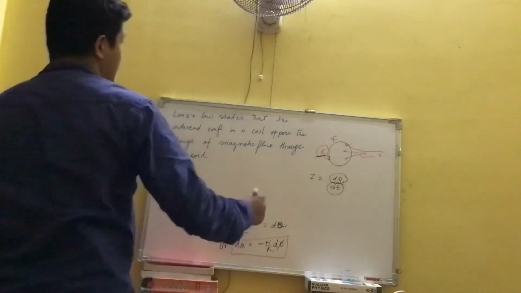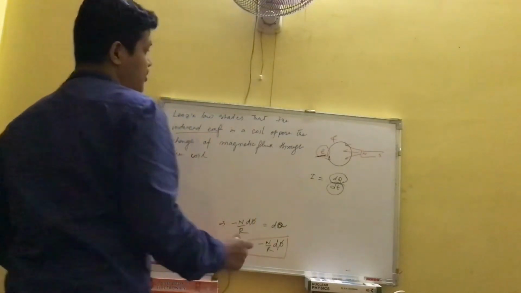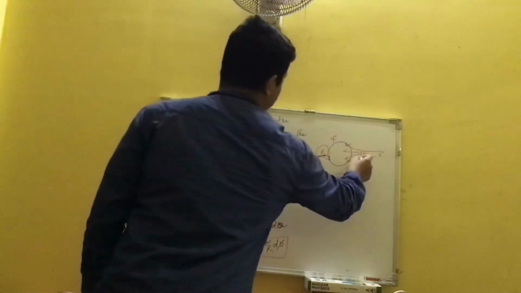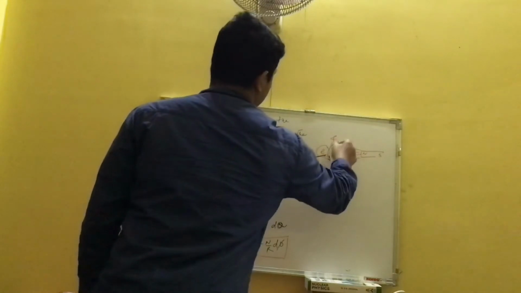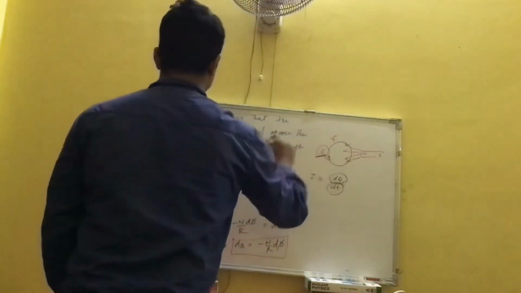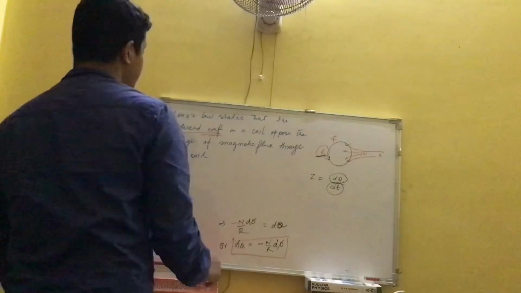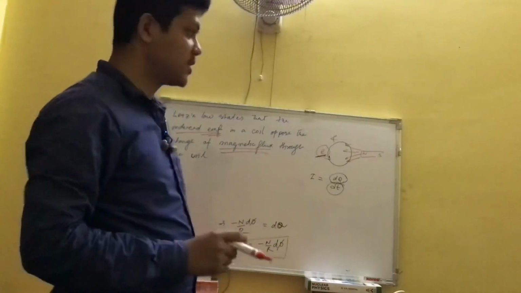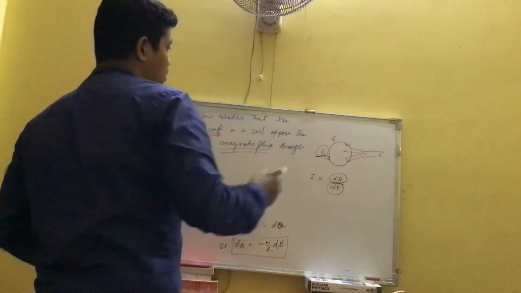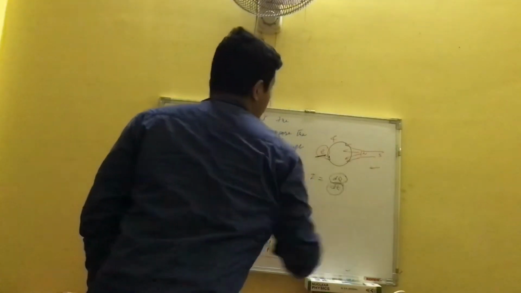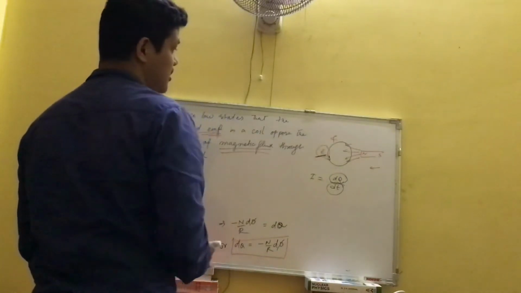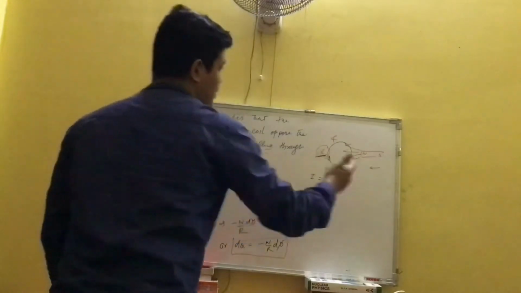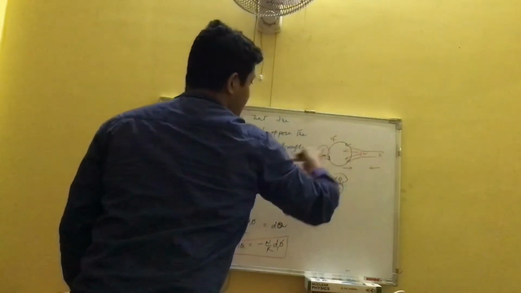So here you see this induced EMF. When the magnetic field is being changed continuously through a coil, EMF is induced, and this induced EMF again opposes the change in magnetic flux. That means when you bring this magnet towards the coil, this coil will oppose the magnet coming towards it.